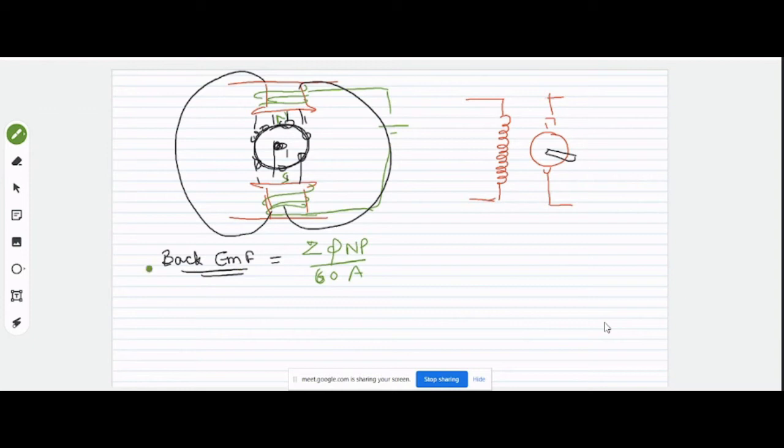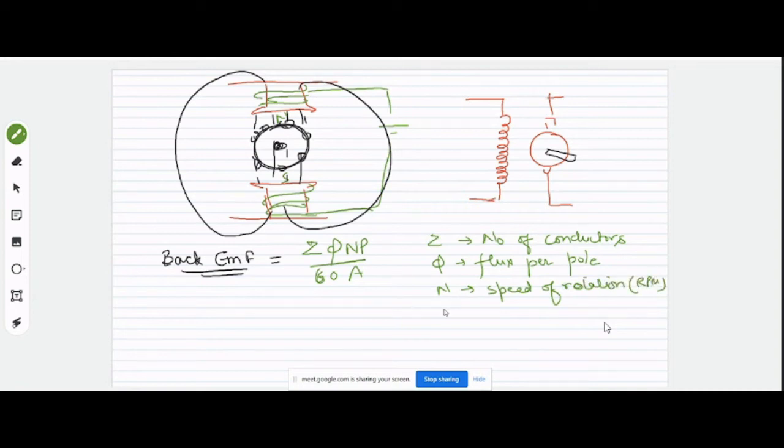Have you learned this? Where Z stands for the number of conductors on the armature, phi is the flux per pole, N is the speed of rotation in RPM, and A is the number of parallel paths.